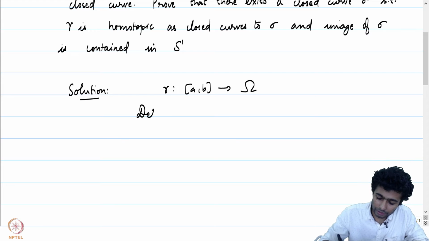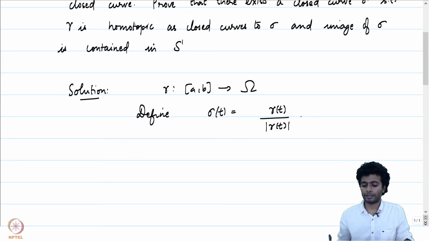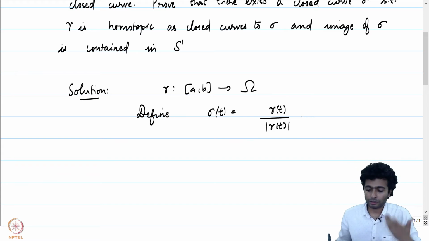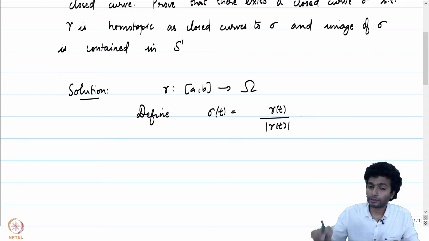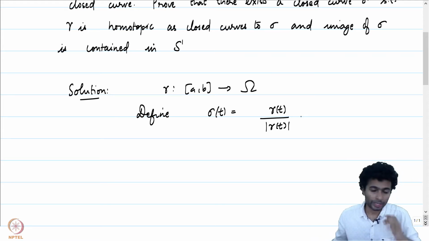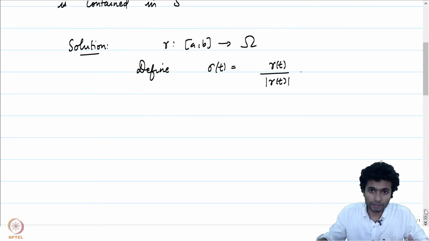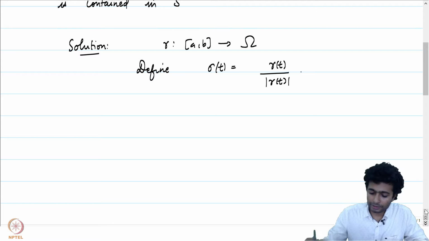So let's define sigma of t to be equal to gamma of t divided by the absolute value of gamma of t. Because gamma of t is not equal to 0, this makes complete sense, and it's also a continuous function from [a, b] into omega. In particular, the absolute value of sigma of t for any t is equal to 1.